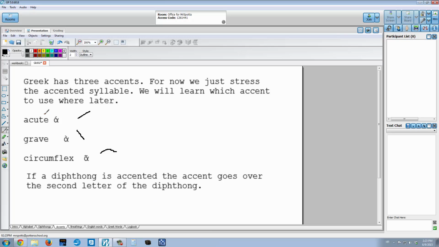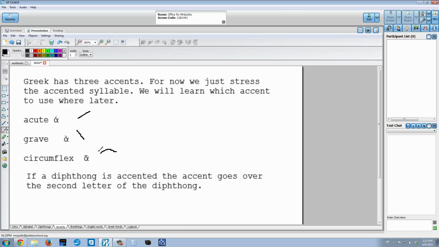One of the accents is called an acute accent. There it is typed over an alpha. And I drew it here a little bit bigger. You see the direction it goes. The grave accent goes the opposite direction.